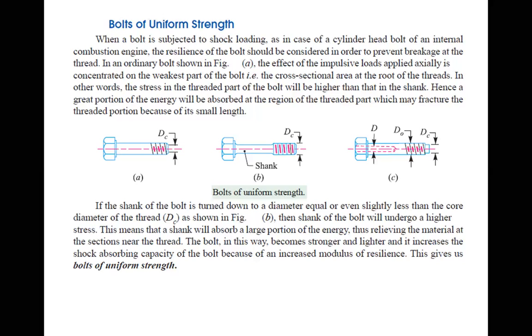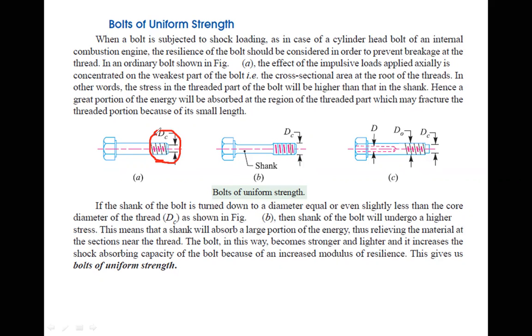So when the bolt is subjected to different kinds of loading, this threaded part is mainly affected. To strengthen that, so that there is no failure, we have to shift stresses to the other part.